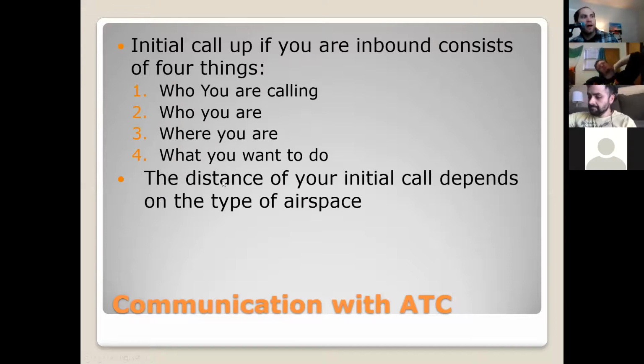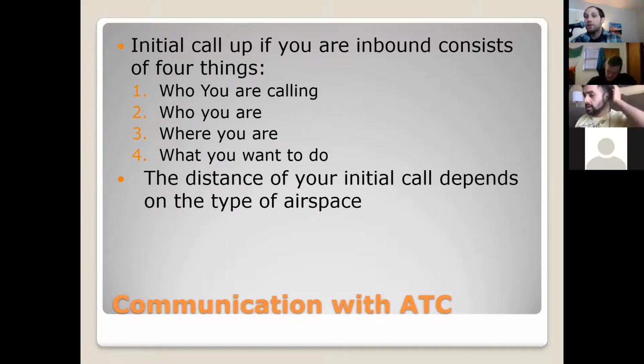How far away? It's talking about the distance. The distance of your initial call depends on the type of airspace. The busier the airspace, the farther ahead you should make your radio call. If it's a very busy airspace like a Bravo, like Chicago, New York, Miami, Atlanta, you're going to want to make that initial call way earlier.